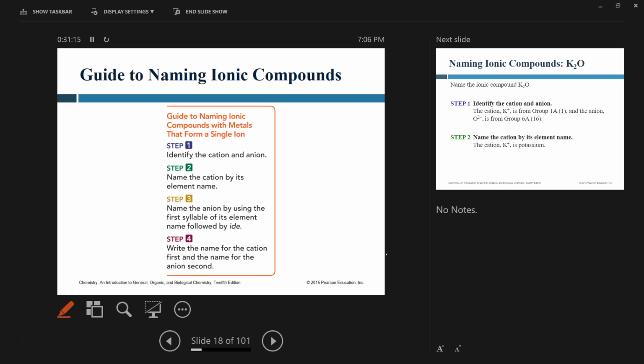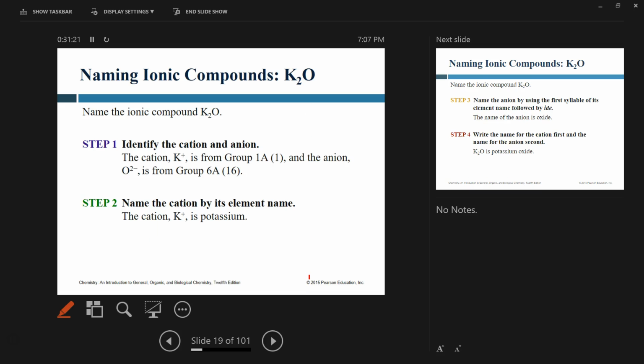So that's your guide for naming compounds. Say when you need to name this compound. You first need to identify, you have to think positive before you think negative. So you think positive first, so potassium is the cation, oxygen is the anion. Potassium is charged positively.